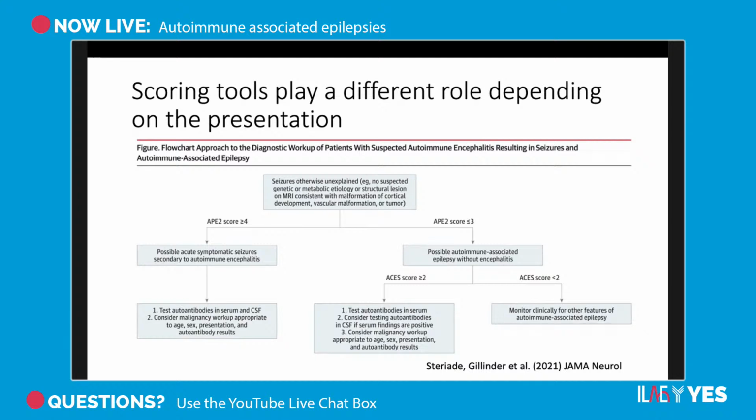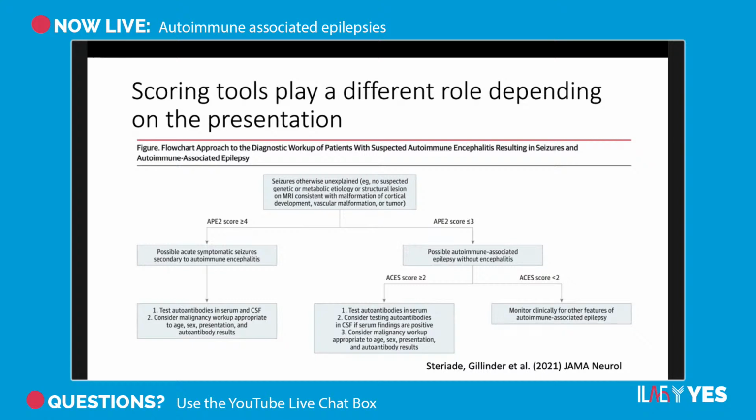In patients who don't have a clear encephalitis, but in whom you're suspicious that there might be an autoimmune process going on causing the recurrent seizures, then the ACES score is probably the best tool there is right now because of the fact that it's been validated in independent cohorts. And in that setting, if the ACES score is 2 or more, in a recent publication, we recommended testing autoantibodies in serum and considering CSF.